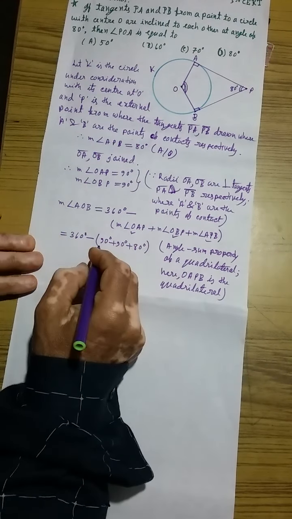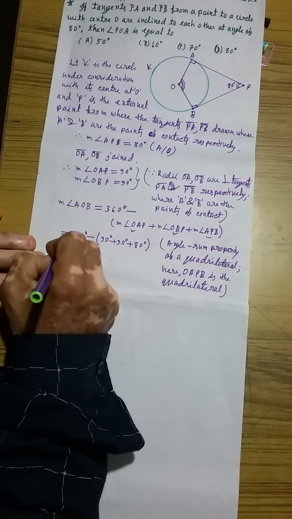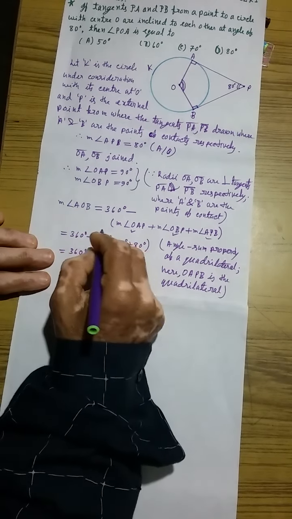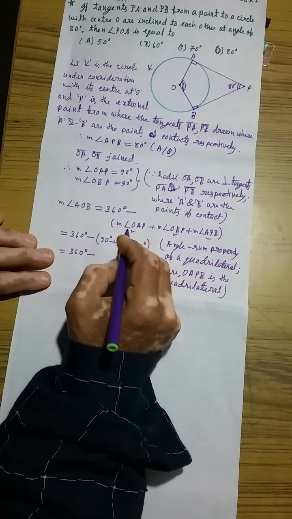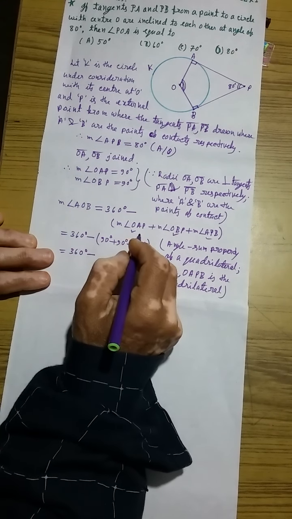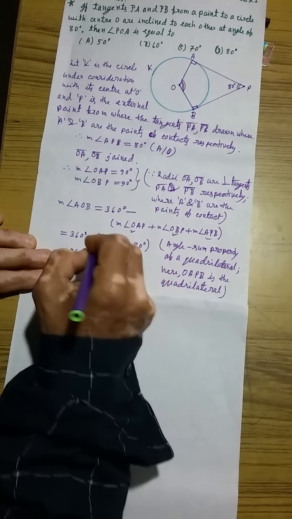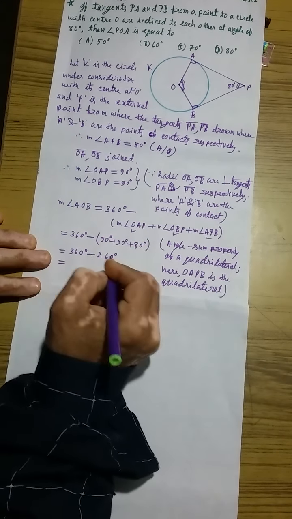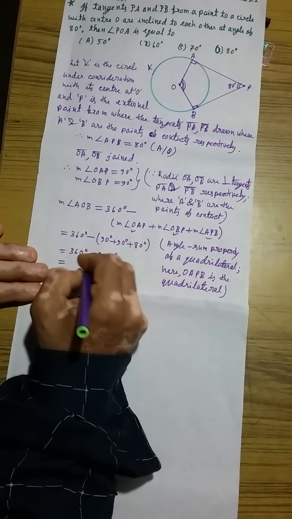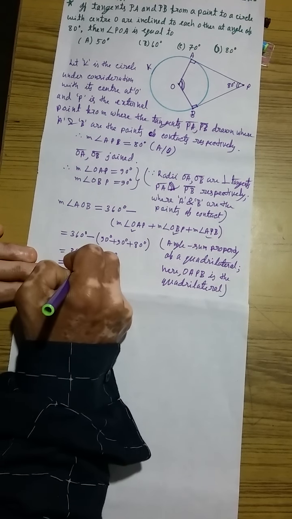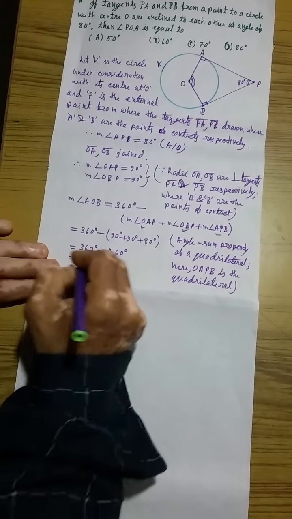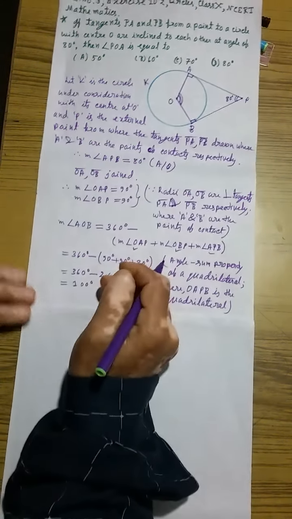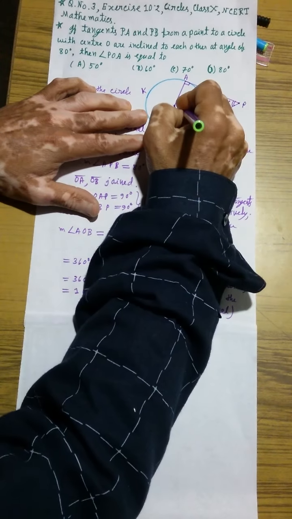This is equal to 360 degrees minus (90 plus 90, 180, plus 80) 260 degrees. If we deduct 260 from 360, we get 100 degrees. So measure of the angle AOB is 100 degrees.